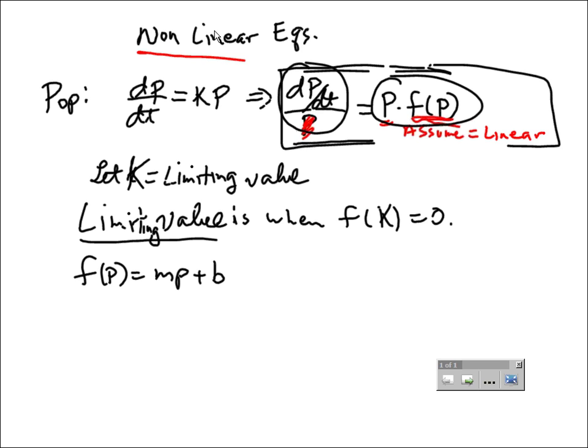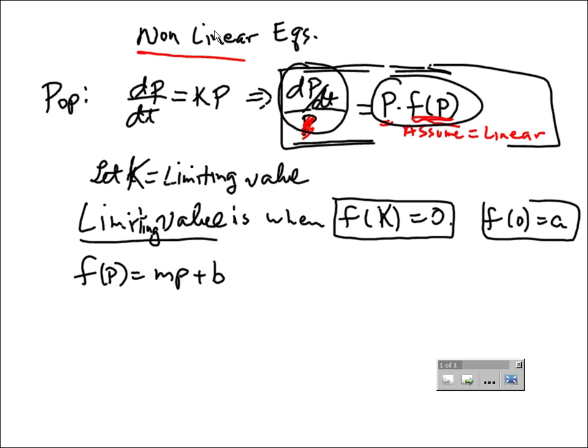Now, what do we know? We have this point, f of k equals 0, and we're going to say that f of 0 is some value a. So we have 2 points. We have k, 0 and we have 0, a.